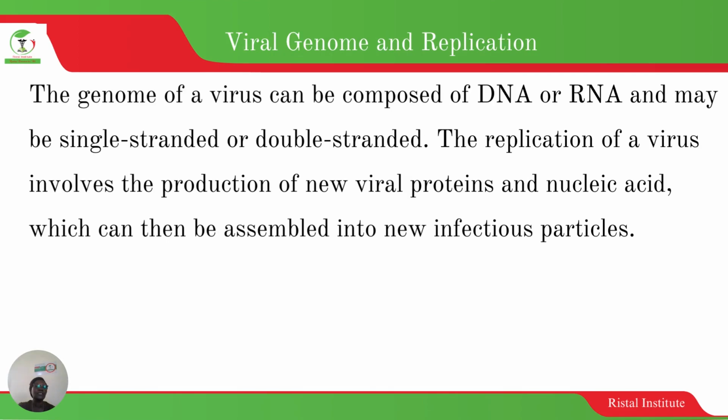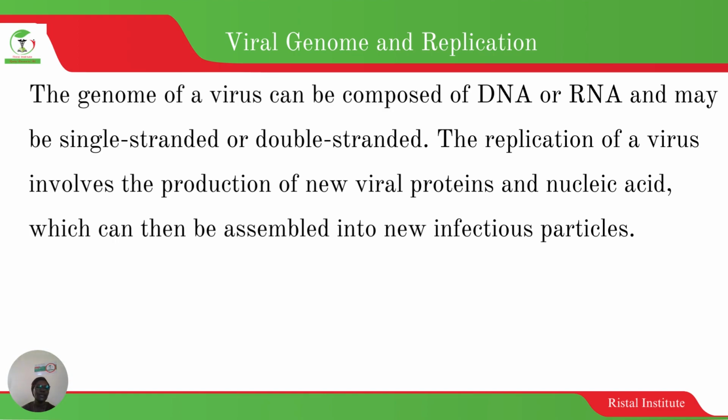Let's look at the viral genome and the replication. The genome of the virus, remember we said, or the genetic makeup of the virus is made of DNA or RNA. DNA stands for deoxyribonucleic acid and RNA stands for ribonucleic acid. And this DNA or RNA is found in single strands or double strands.